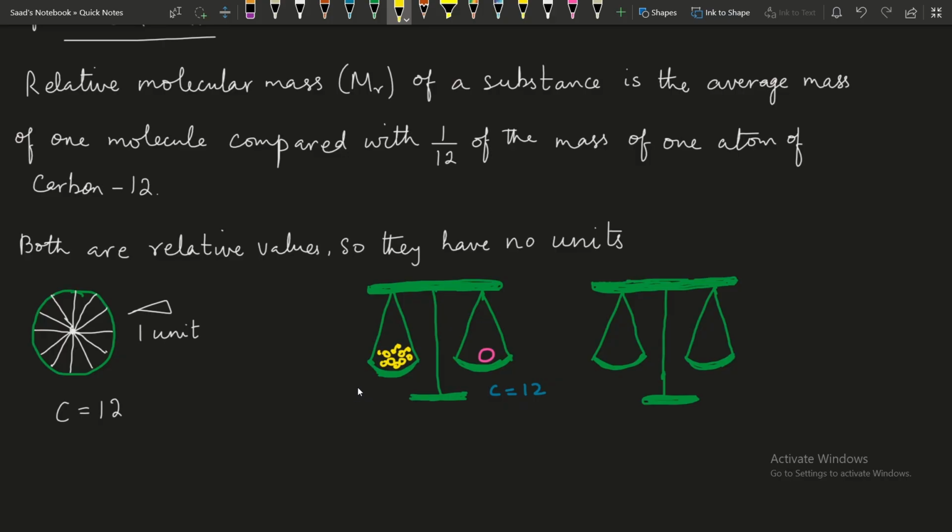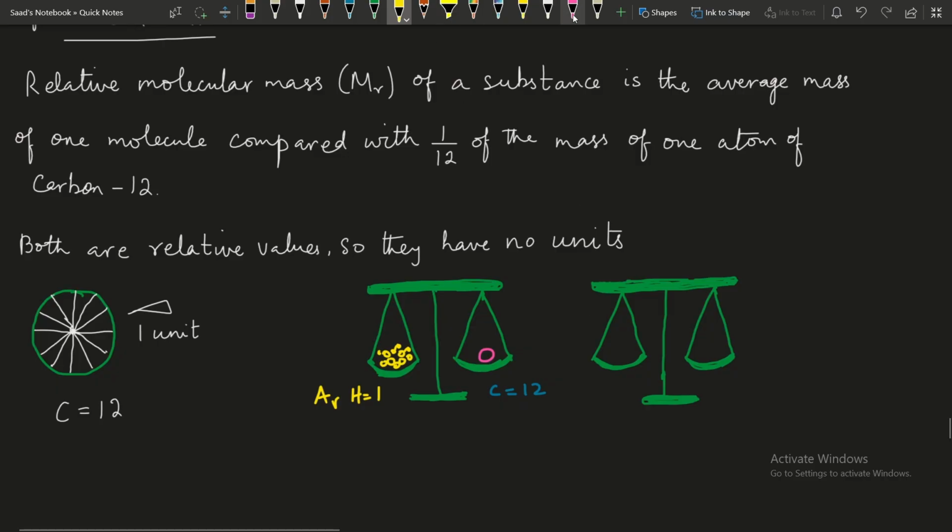So what would be the mass of one hydrogen atom? It would be 1. We have just compared hydrogen with carbon, and we have seen that hydrogen is lighter, and hydrogen is 1/12 the mass of carbon-12. So the mass of one hydrogen atom would be equal to 1.